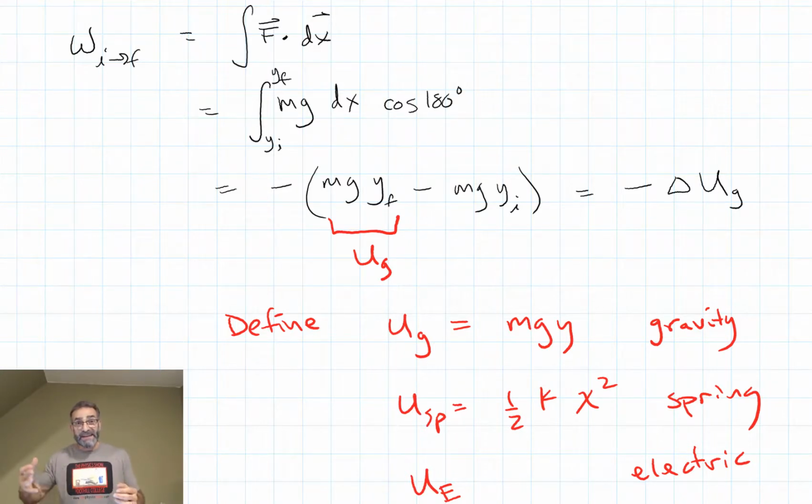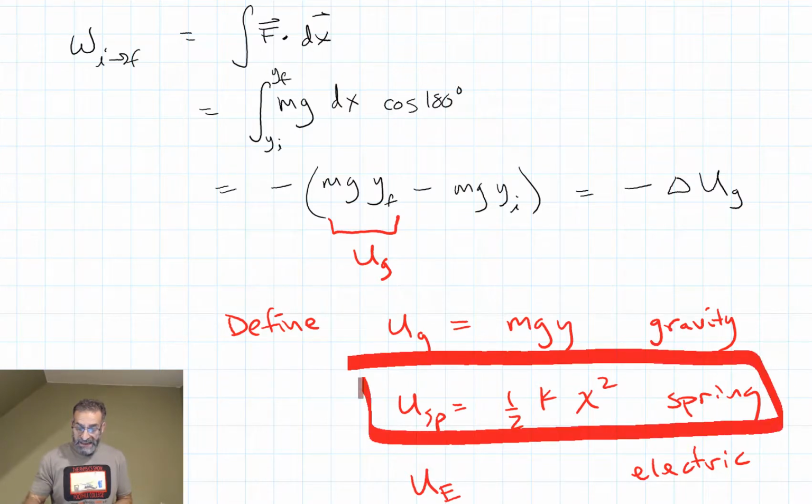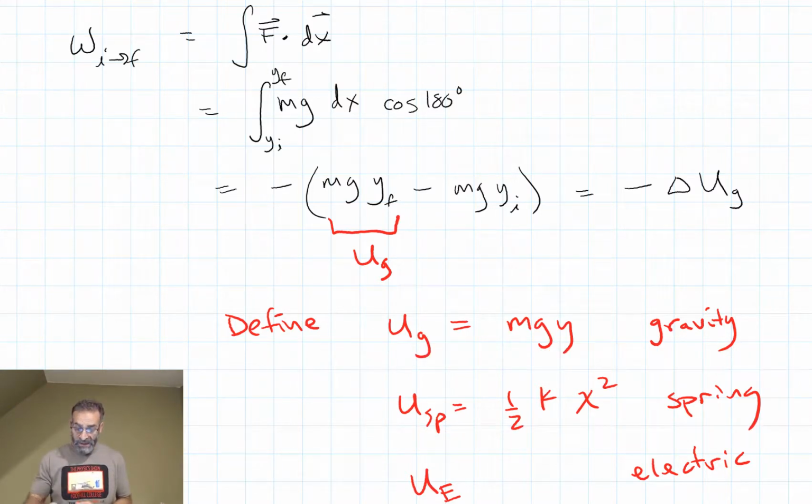You have to say some external force reached into your system, that external force being the force of gravity, and it did work on your system. Same with the springs. We'll say the spring is inside of our system, part of our system, then we can account for exchanges of energy with the spring and our mass by using potential energy. If the spring is not in our system, we can't do that.